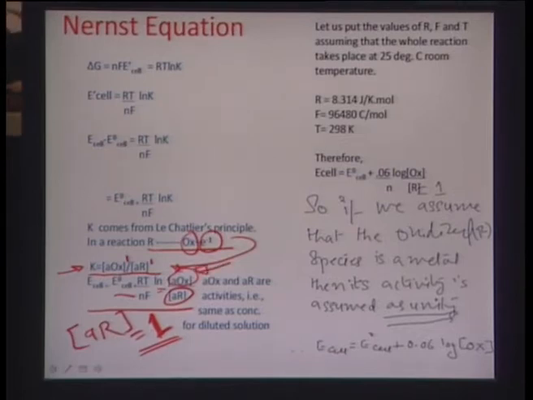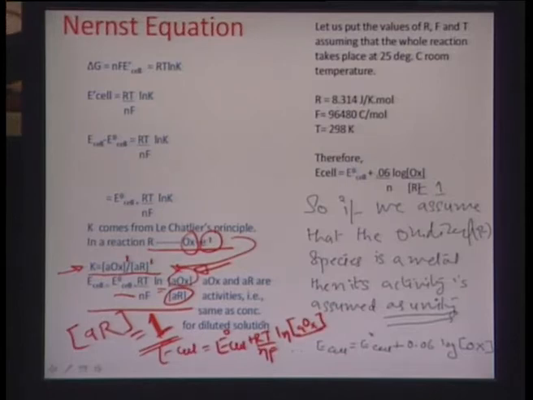Okay. So, in that case the Nernst equation would change to E cell equal to E0 cell plus RT by nF ln AOX, okay, because the AR is unity in this case.